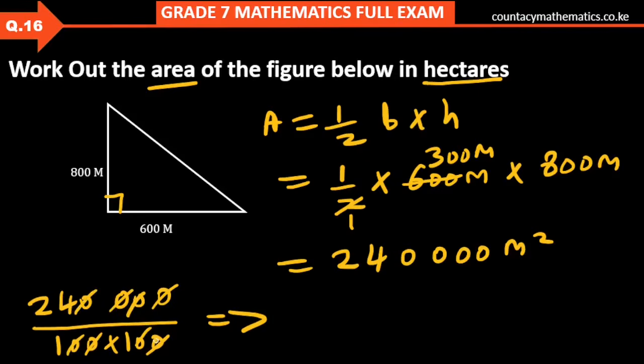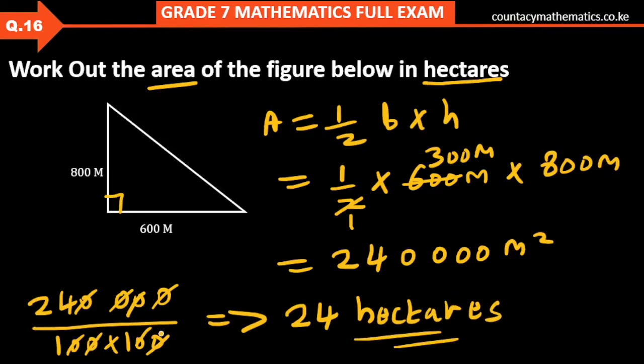So we have 1, 2, 3, 4, 1, 2, 3, 4. So finally, what we remain with here is 24 hectares. And actually, that is the required solution, and that is how you are really supposed to work that out. Very important.